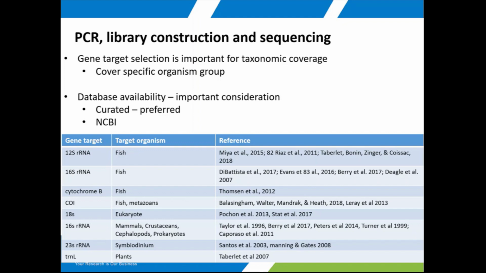Sometimes the taxonomy lineage for NCBI is also not standardized compared to a curated database, so your result might not be well organized in terms of taxonomy identification. The best is to use a specific database which has been well curated for the taxonomy identification process. Okay.